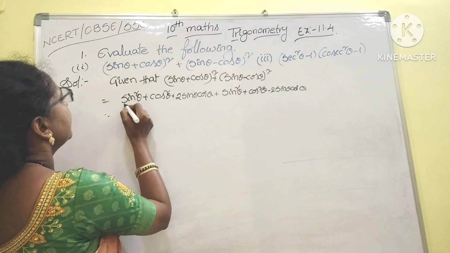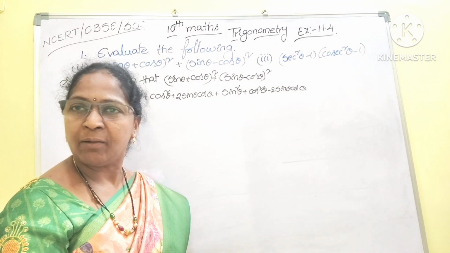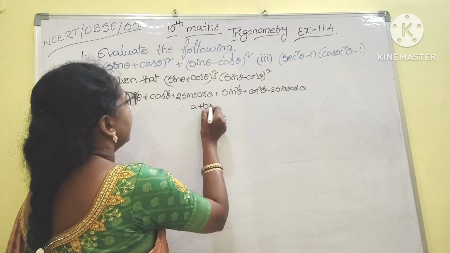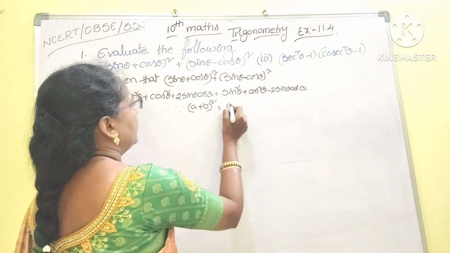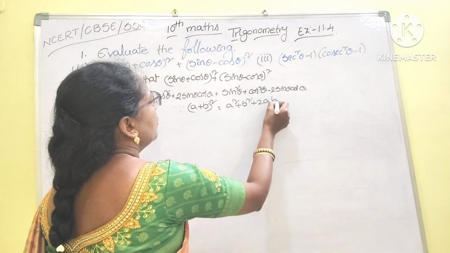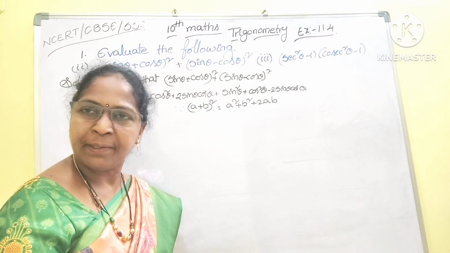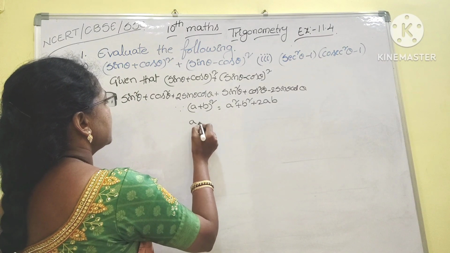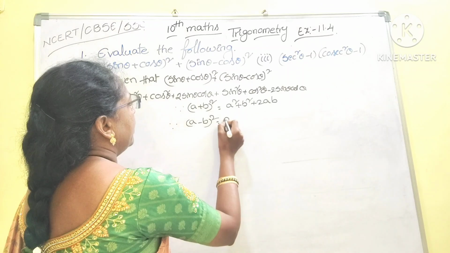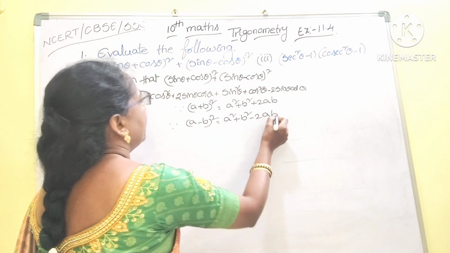Now here sin square theta plus cos square theta equal to 1. First, whichever formula we applied, according to that you have to mention here. Since a plus b whole square equal to a square plus b square plus 2ab, as well as a minus b whole square equal to a square plus b square minus 2ab.